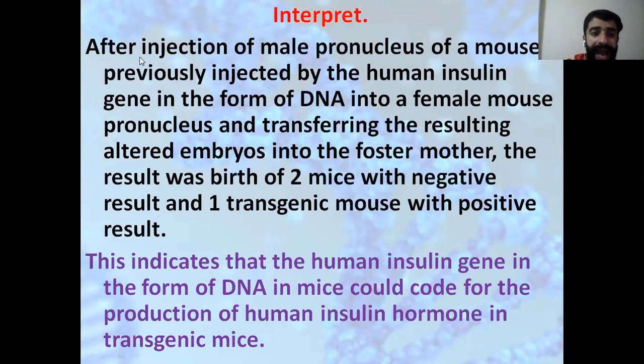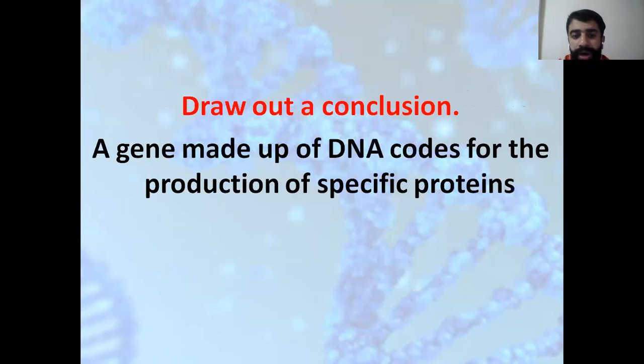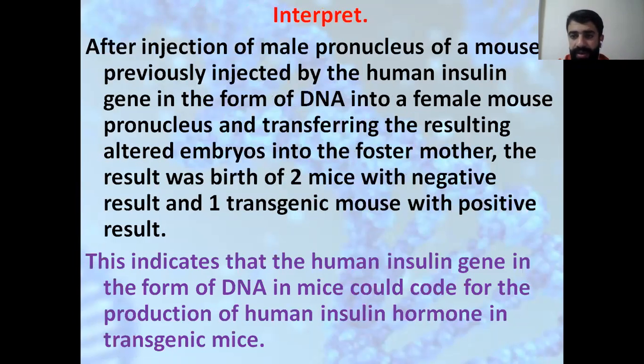Interpret, it includes analyze plus indication, as you know. So after injection of the human insulin gene in the form of DNA into the male pronucleus of the mouse, then into a female mouse pronucleus, and transferring the resulting embryos into the foster mother, the result was the birth of 2 mice with negative results and 1 mouse with a positive result, which is transgenic.